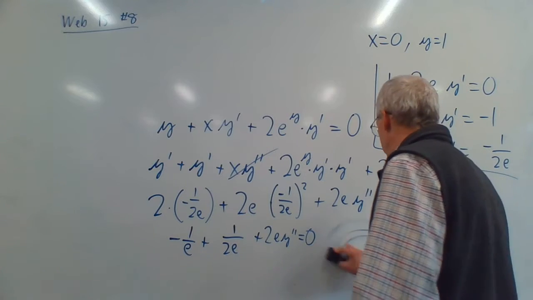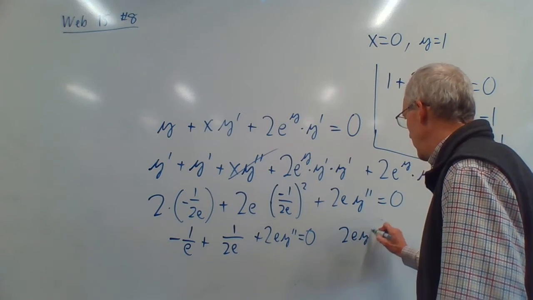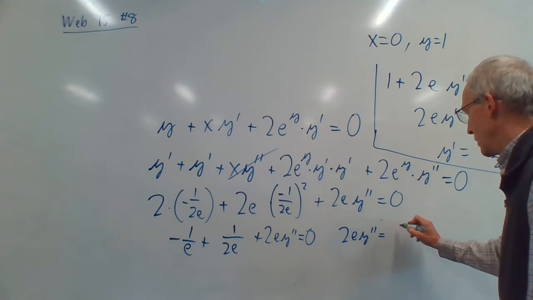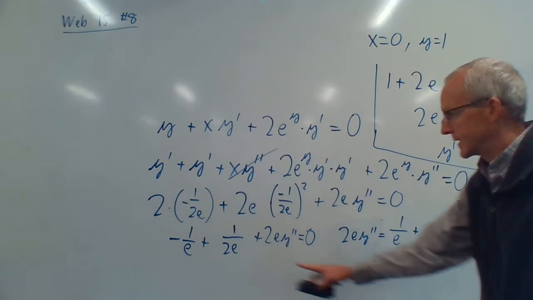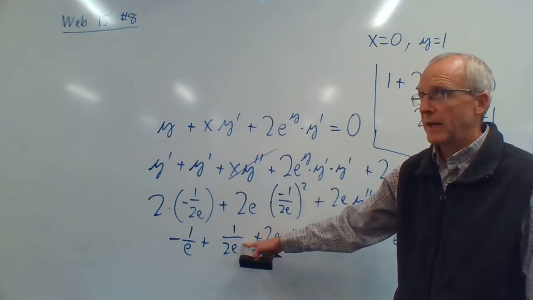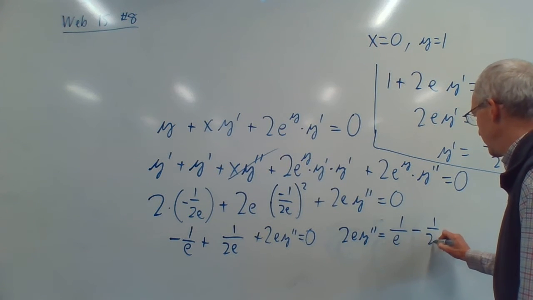Well, let me put the y prime first. So 2e y double prime is equal to 1 over e plus, sorry, minus. This one's negative becomes positive, that one's positive becomes negative. So minus 1 over 2e.